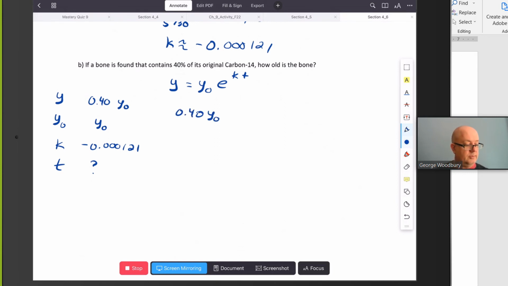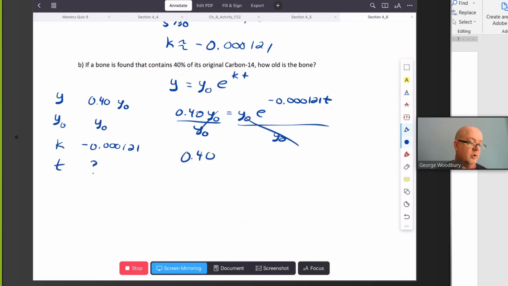0.40 y sub 0 equals y sub 0 e to the negative 0.000121 t. Divide both sides by y sub 0. And we're left with 0.4, or 40%, equals e to the negative 0.000121 t.